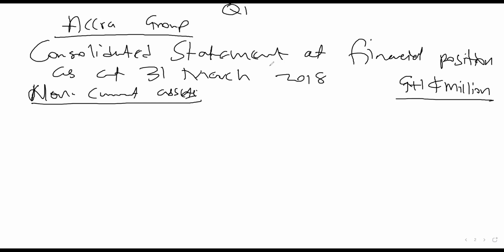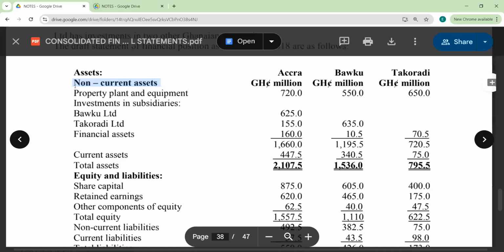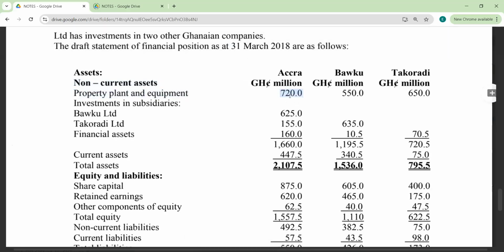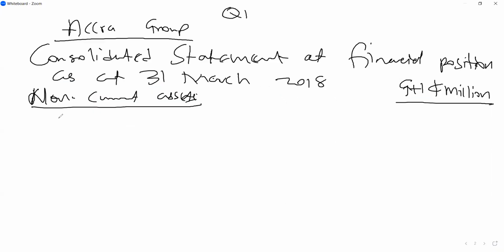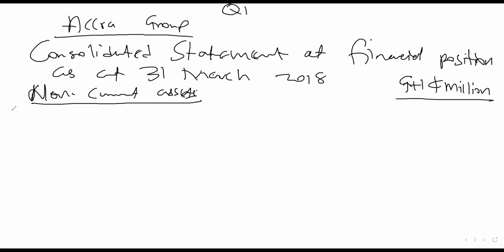Underline it. Parent plus other subsidiaries. Accra, PPE. So write the PPE: 720 plus 550 plus 650.